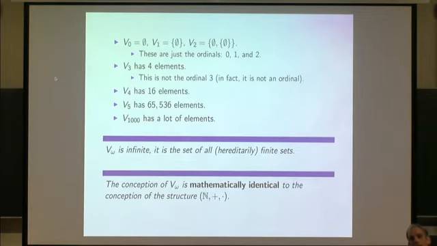So it's at V omega that you transition from the finite to the infinite, and the conception of V omega from the set theoretic point of view is mathematically identical to the conception of the integers with plus and times. They're just two aspects of the same thing. So in this sense, V is generalizing the structure which gave birth to most of mathematics, that structure. But now we're going to move beyond.